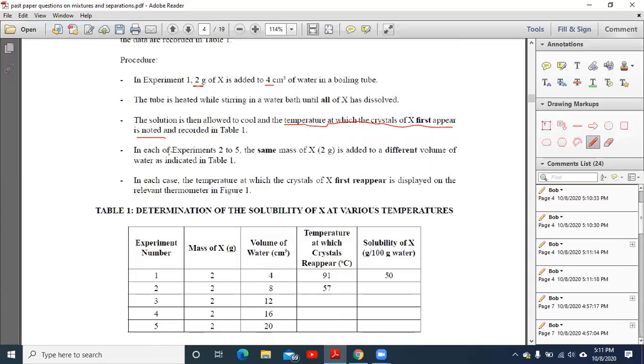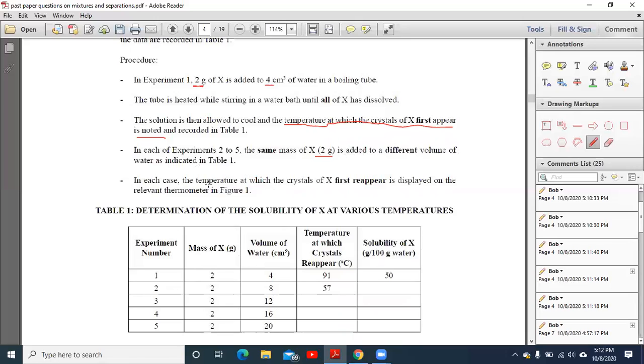In each of experiments 2 to 5, so we are going on to the other experiments now, the same mass of X, so the same 2 grams, you're seeing the mass of X here, and 2 grams is for all the experiments, is added to a different volume of water as indicated in table 1. So you're seeing the different volumes of water that they added here in this color.